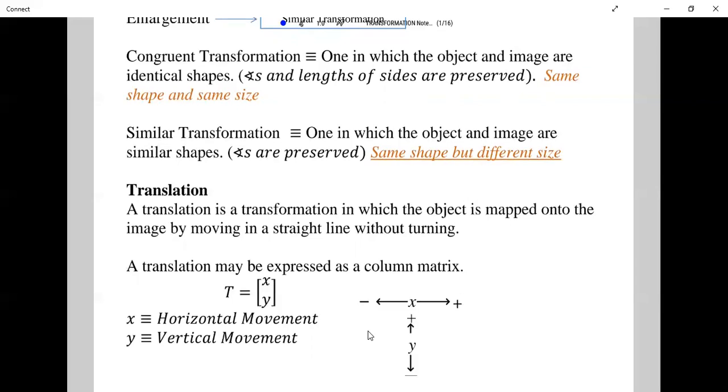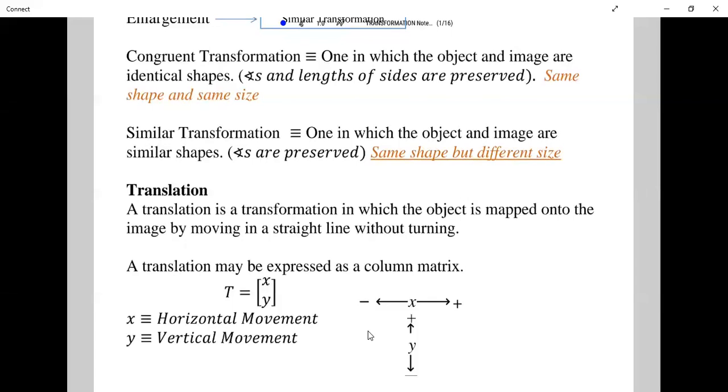If you have two polygons that have the same shape, it could be that two things can have the same shape but not necessarily the same size.